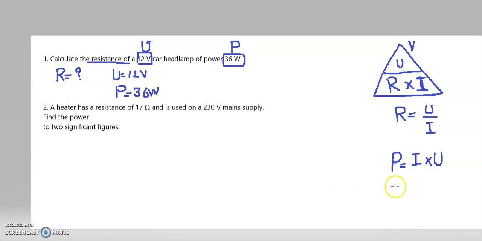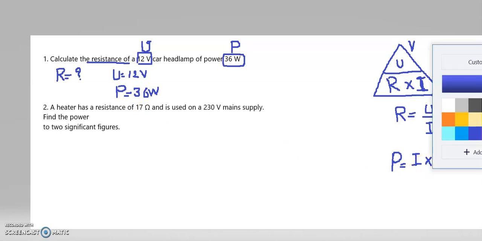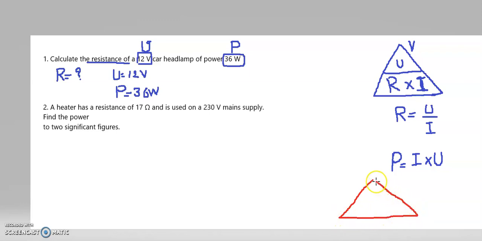So when we look at this formula here, if we want to calculate R, we need these two. We have the voltage, but we don't have the current. But what we have here is a power. So that means that first we need to calculate current using this formula. Let me put it in the triangle for you. Might be a little bit easier to handle. So we have power here, we have current, and then we have the voltage.